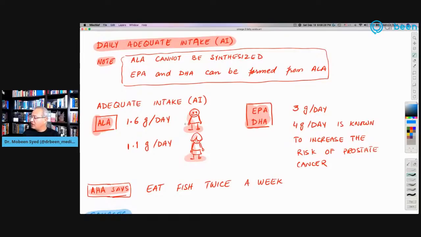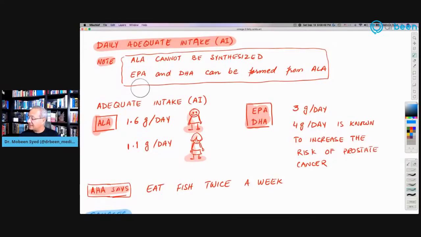So first of all, please realize that ALA cannot be synthesized in our body. So we have to eat it. That means either we take fish or we take plants or seeds. If you need ALA, you need to have plants or seeds.